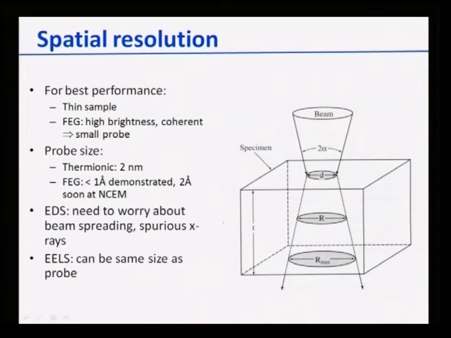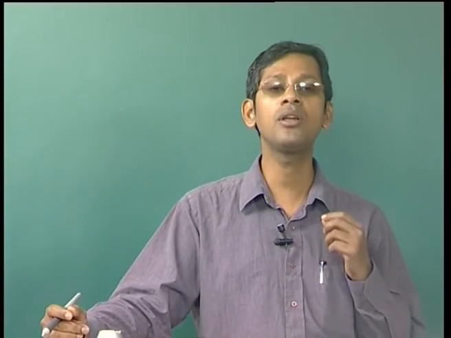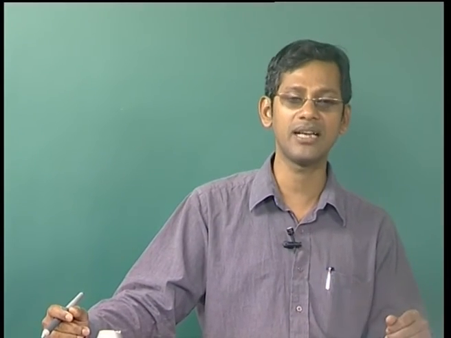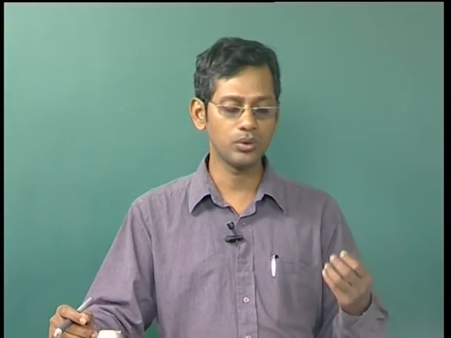Well, after giving a lot of things about the different kinds of information which EELS can generate, we need to talk about what kind of spatial resolution we can get. Nowadays costly microscopes come with a very nice fine probe and stable beam, but still for the best performance you need a very thin specimen, because the thicker the specimen, the more chance of inelastic scattering, and that can mask the information coming from the electrons which are transmitted through the sample.